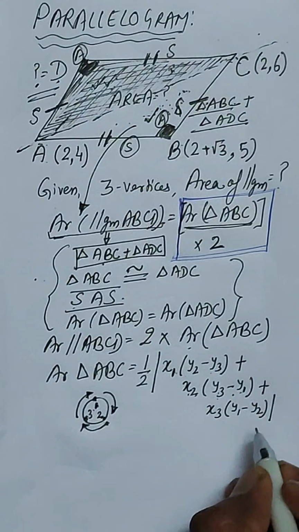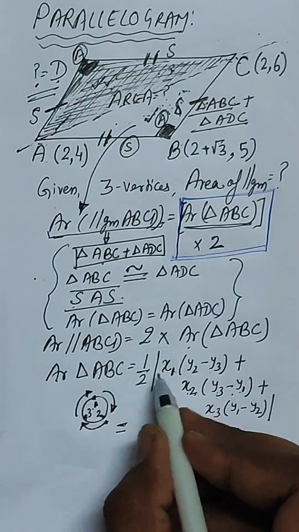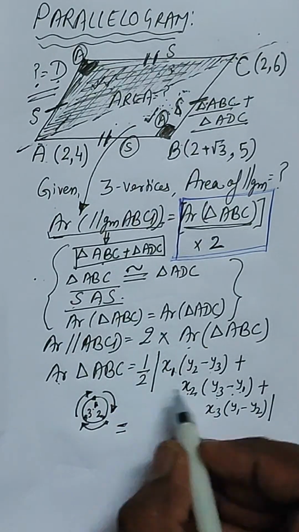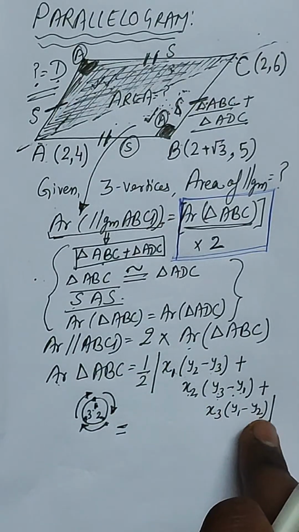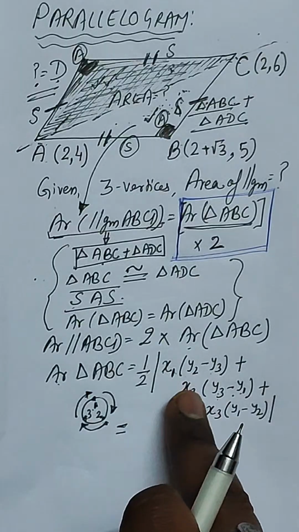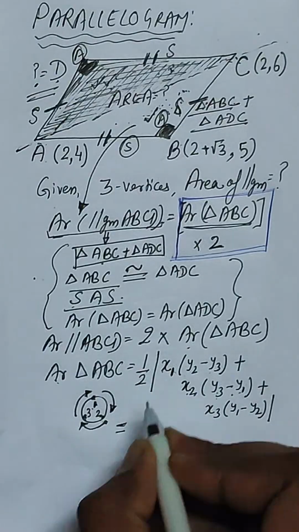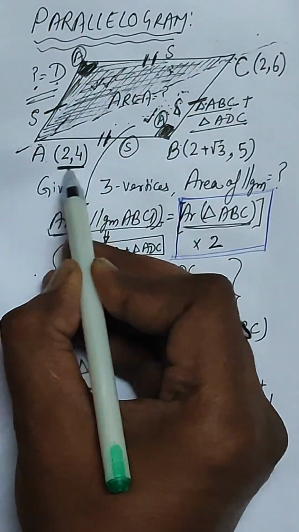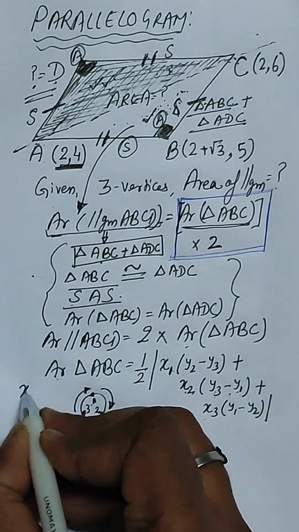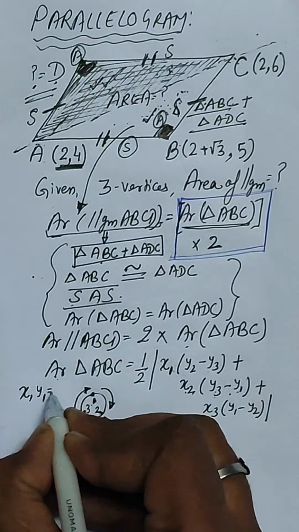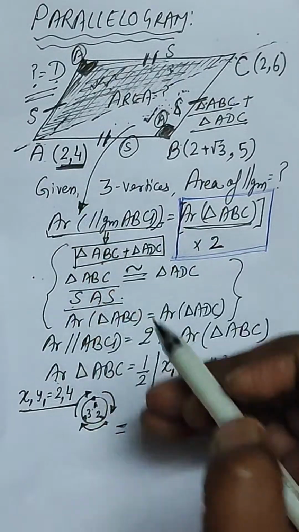Now, coming quickly and directly to our question, we are going to calculate the area of triangle ABC. We know the coordinates x1 y1, x2 y2 and x3 y3. Let me write over here: the coordinates of A, x1 y1, are 2 and 4.